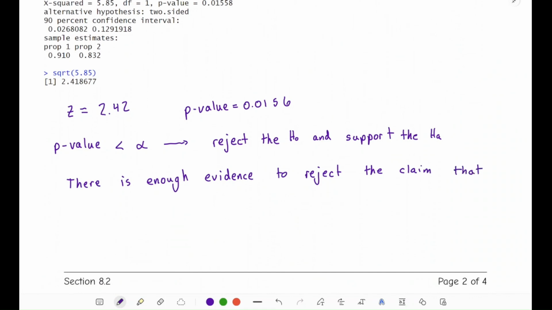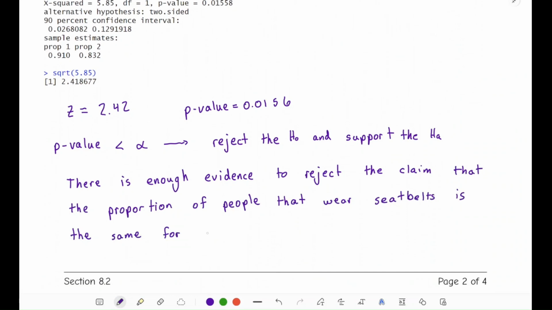that the proportion of people that wear seatbelts is the same for car drivers and truck drivers at the 0.10 significance level.